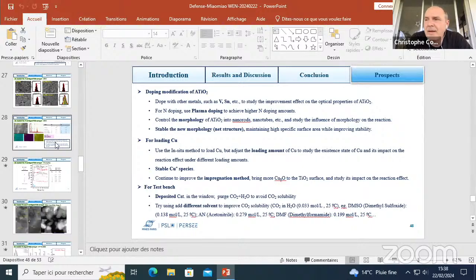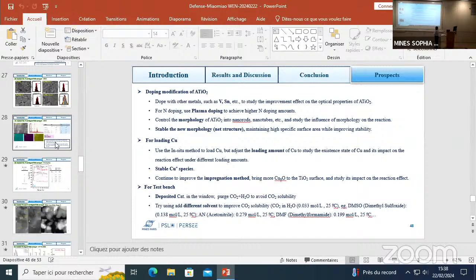Okay, nitrogen. For nitrogen, I chose it because it's really common in the references. Everybody knows nitrogen is good. There's a lot of reference outside, so it's easier. I also chose nitrogen because it's cleaner than sulfur or other elements.